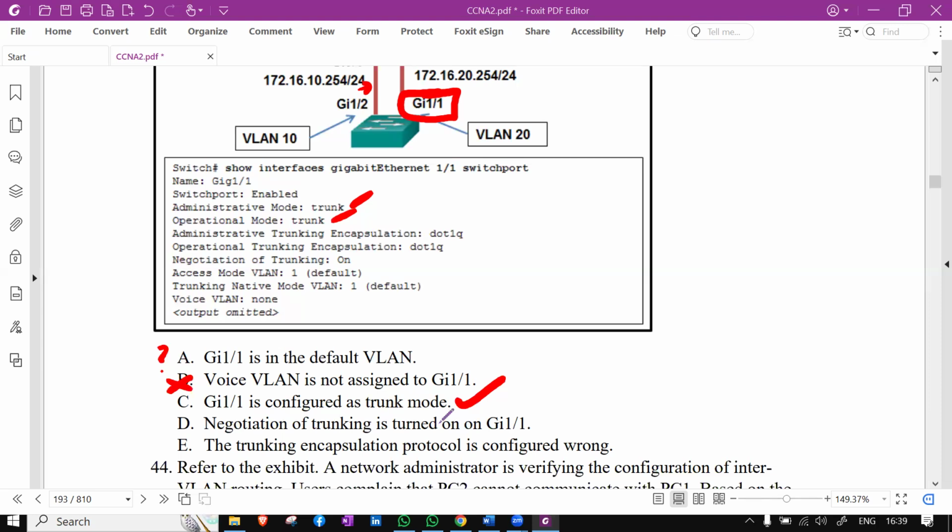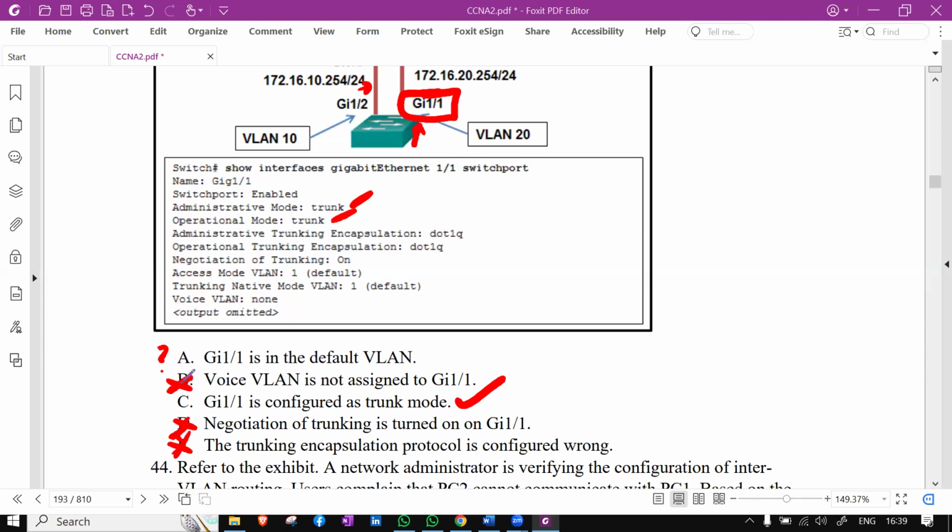That's an error. Giga Ethernet 1.1 should not be configured in trunking mode. Negotiation of trunking is turned on. Negotiation of trunking should not be on because it's an access port. Then the trunking encapsulation protocol is configured wrong. Here there is no encapsulation protocol needed; the encapsulation protocol is needed on the router.